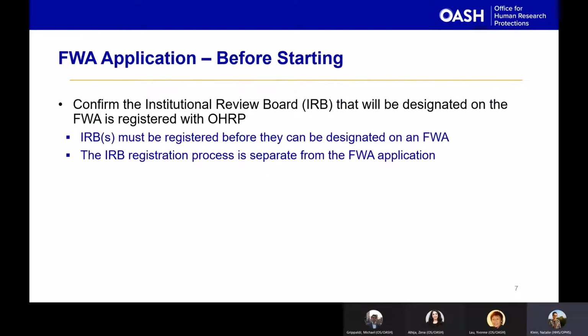The application includes a section to designate the Institutional Review Board, or IRB, that will review research covered by the FWA. You will need the IRB's OHRP registration number to complete the FWA application. IRB registration is a separate process in our office and is not discussed in this tutorial.